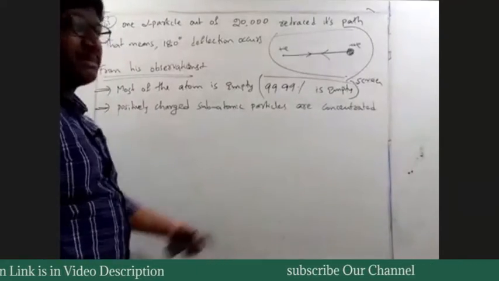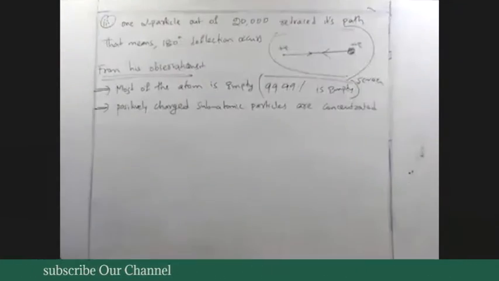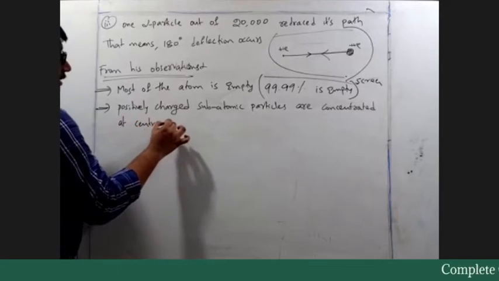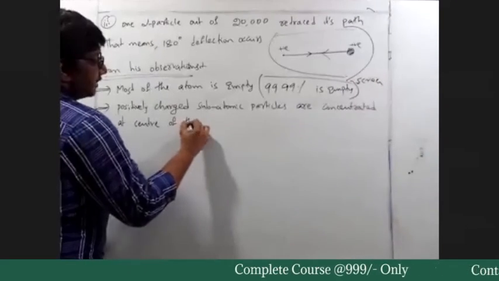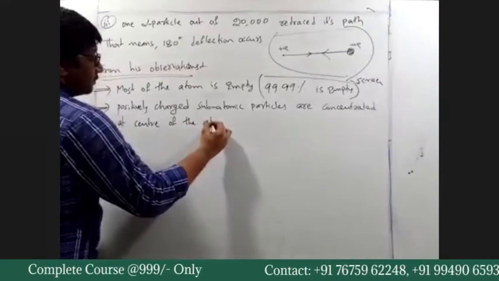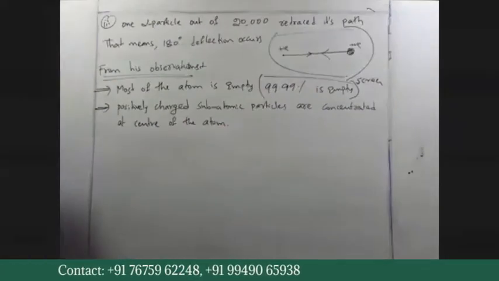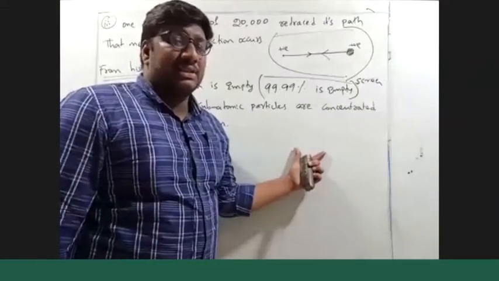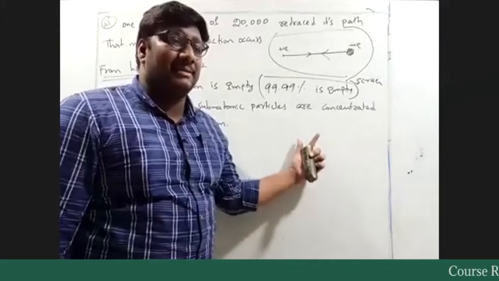Concentrated means they are present at the center. These are the two main observations from Rutherford's alpha ray scattering experiments.